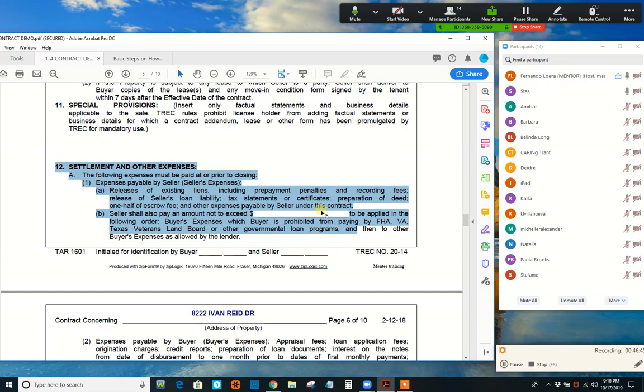Most lenders require 3 months of reserves where you pay the house note for 3 months. If for some reason you don't have a job, or you're having money problems, they want you to have 3 months of reserve money.